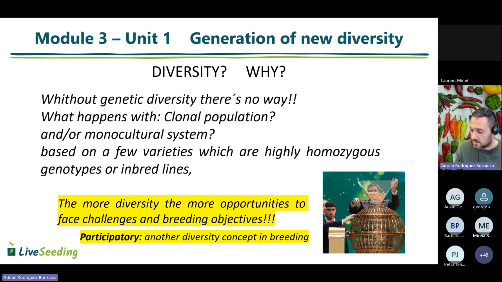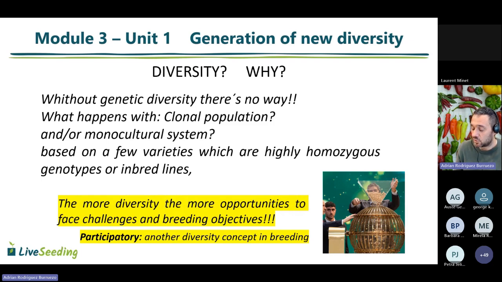So imagine the thousands of plants in your fields representing this clonal variety, the same genotype. So all of them have the same genotype. There is no variation, and the only variation you are seeing there is due to the environment.